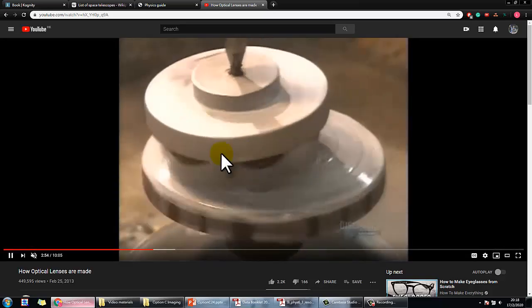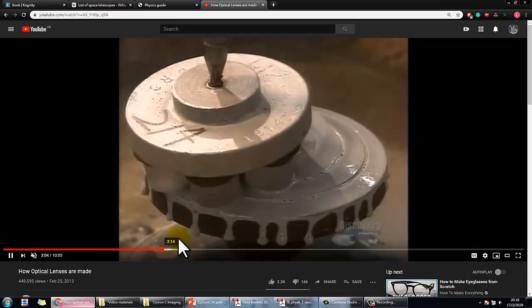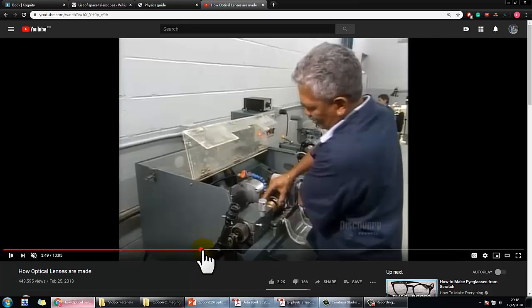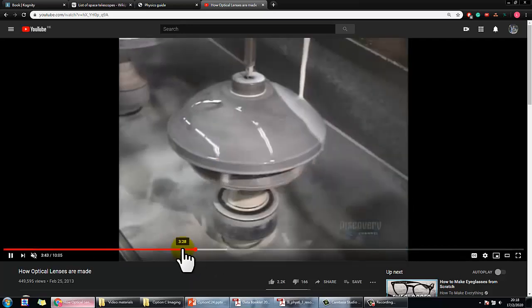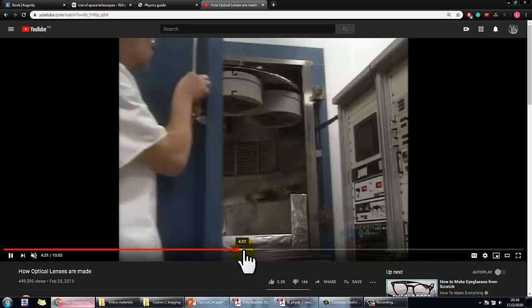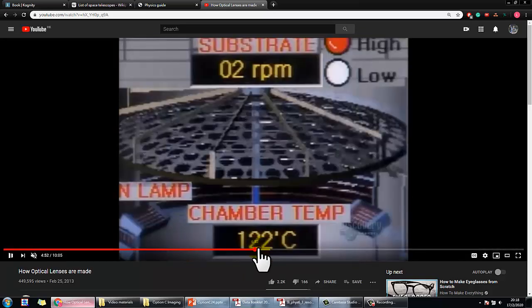Later on they will use some other chemical, I actually don't know what that is, you may want to listen to the video, and then they will become transparent. They use a machine to polish it so that the shape is very nice, it's parabolic, and then that becomes the lens itself, like this one. So it's a very nice video for you to watch.